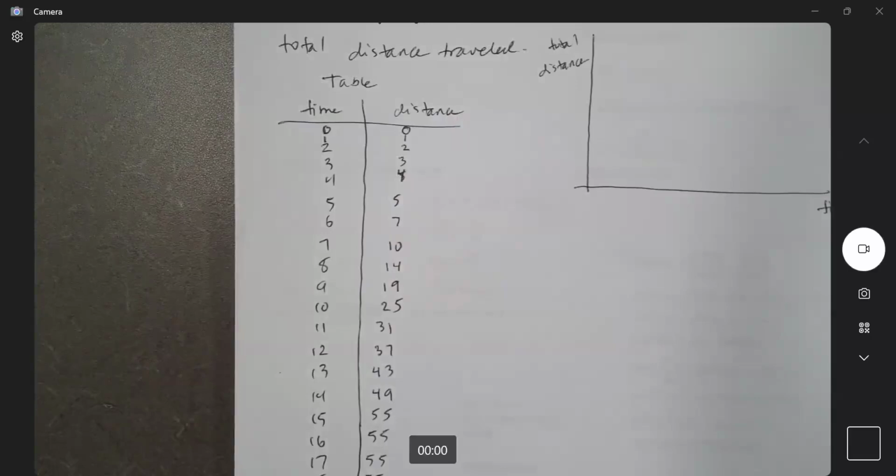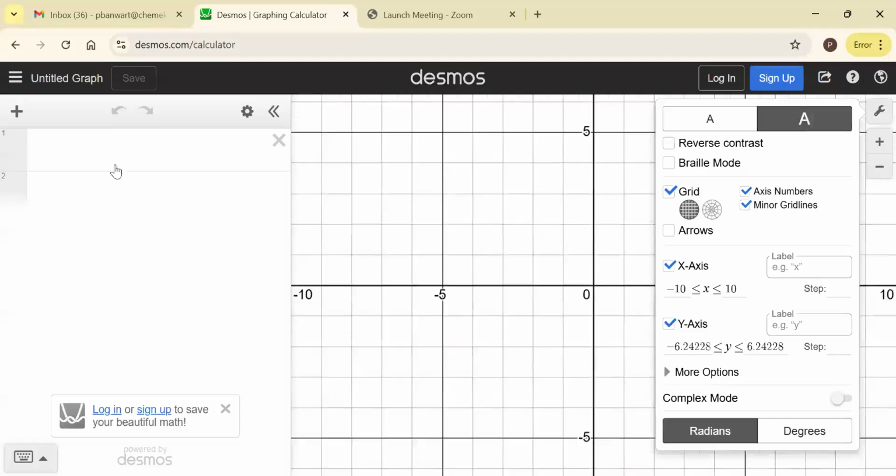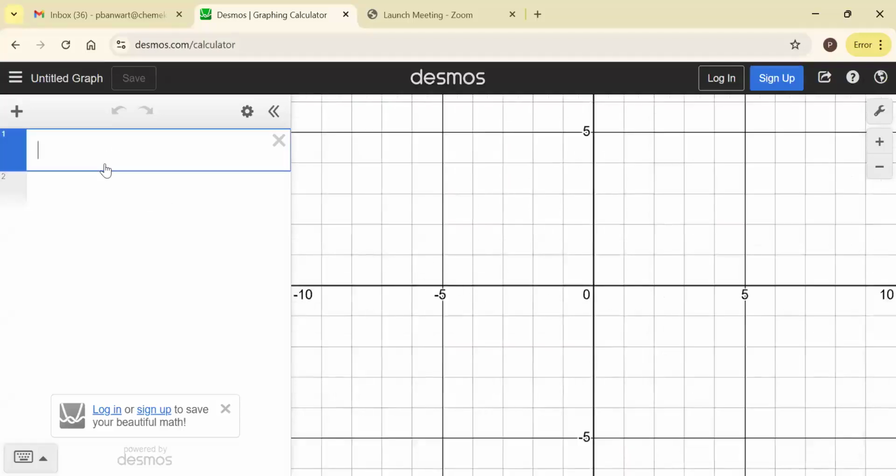Okay, so this is Desmos. This is a graphing calculator that was first developed about 15 years ago, and it's been improving ever since. And it's a pretty amazing tool.